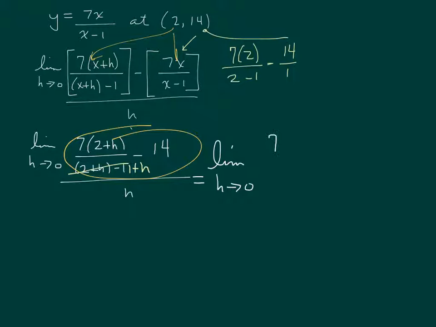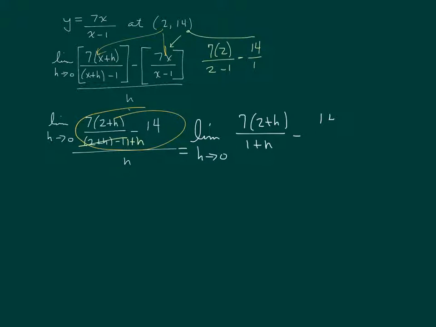So I'm going to have 7 over 2 plus h over 1 plus h minus 14. Well, this needs the 1 plus h. That's what's missing for my common denominator, and then all over h.